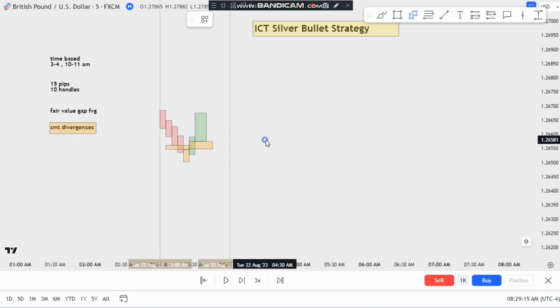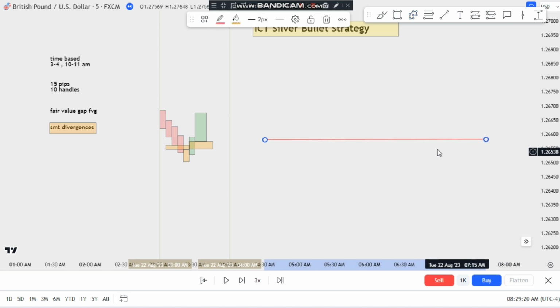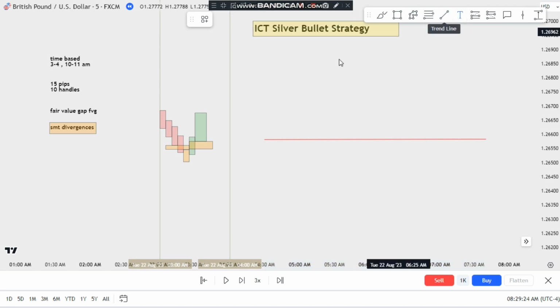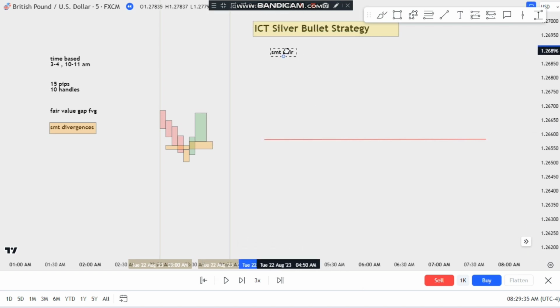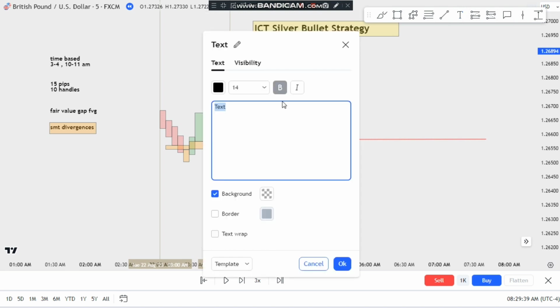In trading you have some correlated pairs. What I mean by a correlated pair is that if the price of one pair goes up, the other one also goes up. These are called SMT pairs. I have already explained it, but again, some examples are euro and the GBP.